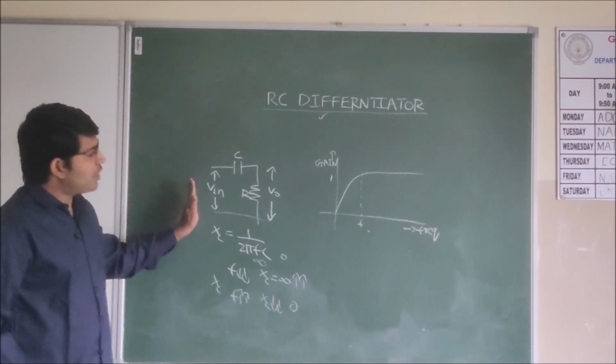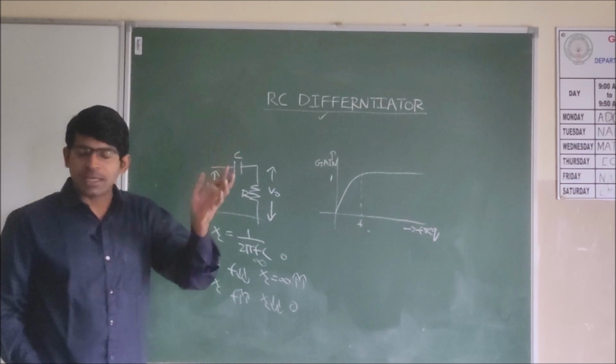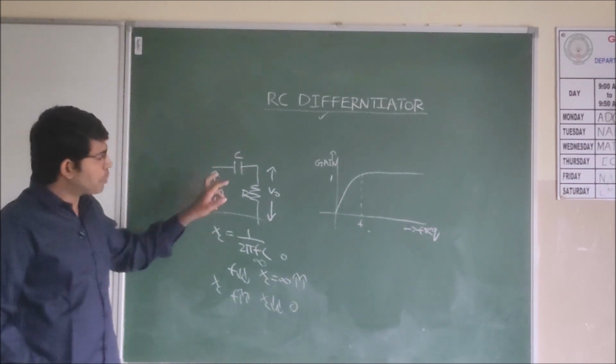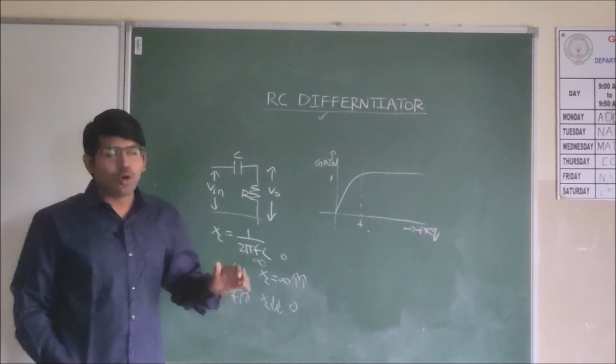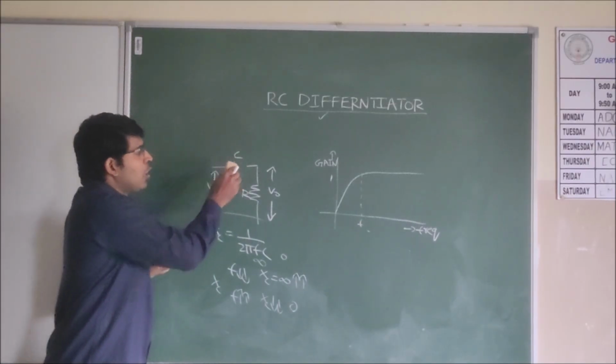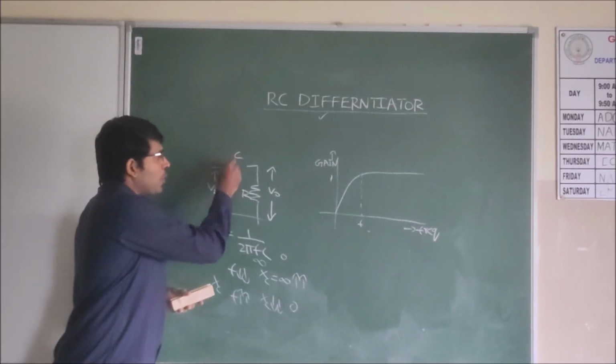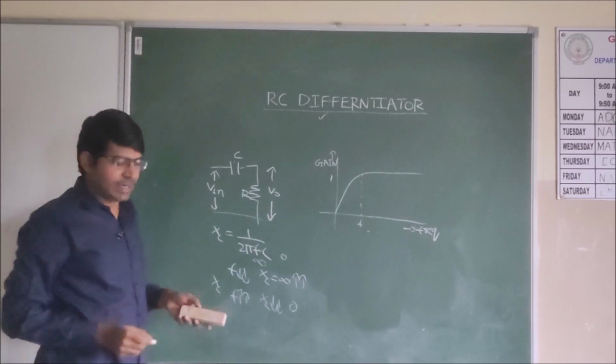So for the high frequency signals, this capacitor is acting like a short circuit, a simple wire, and for the low frequency signal, this capacitor is acting like an open circuit. It is blocking that. That is the property of the capacitive reactance.